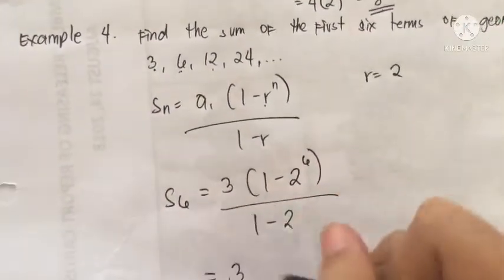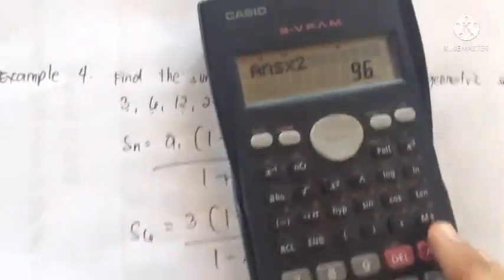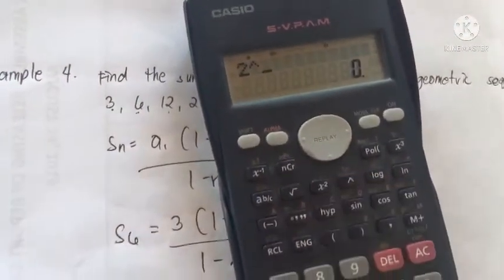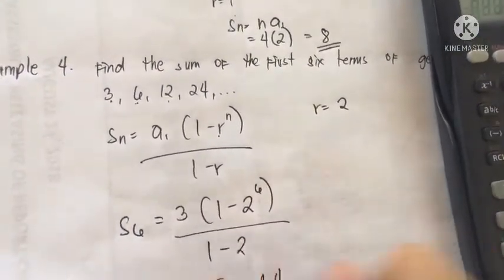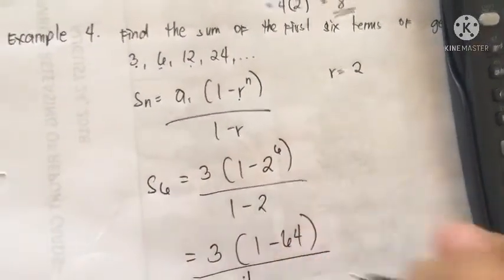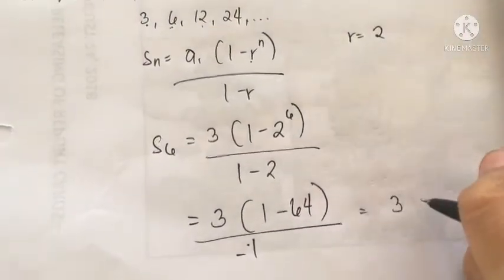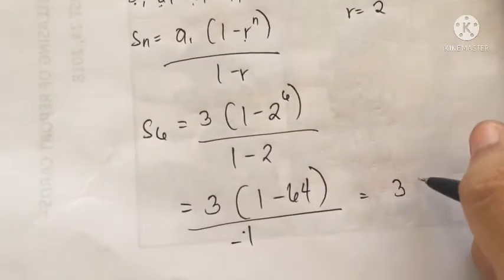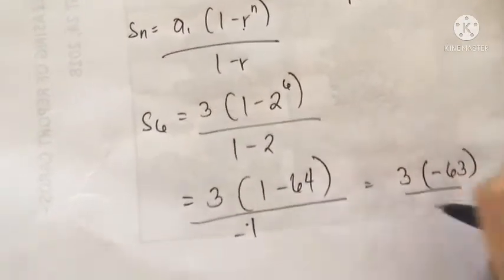So, meron tayong 3 times 1 minus 2 raised to 6. I-calculator natin. 2 raised to 6, the answer is 64. 64 over 1 minus 2, the answer is negative 1. So, magiging equal natin to, 3 times 1 minus 64, the answer is negative 63 over negative 1.